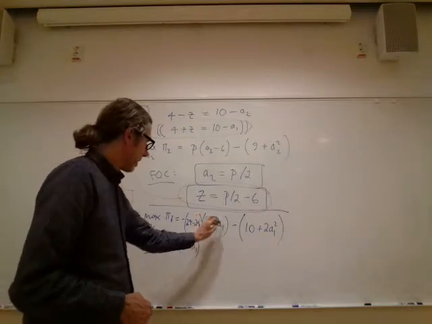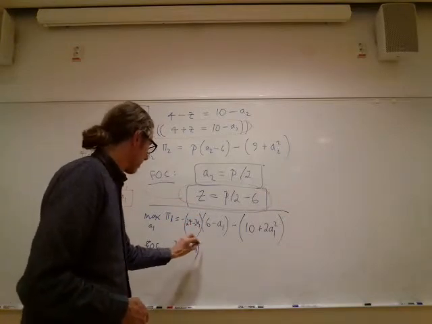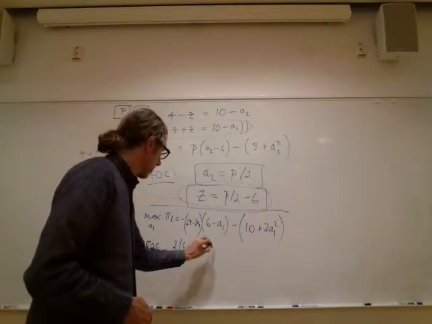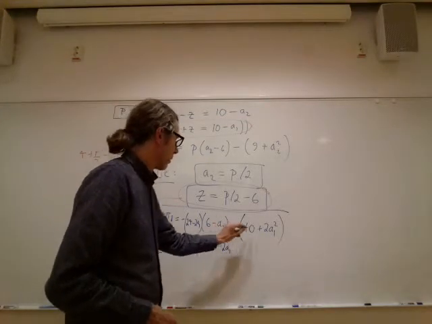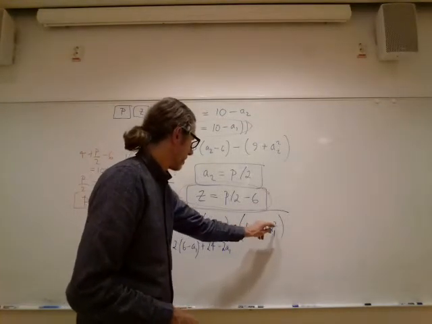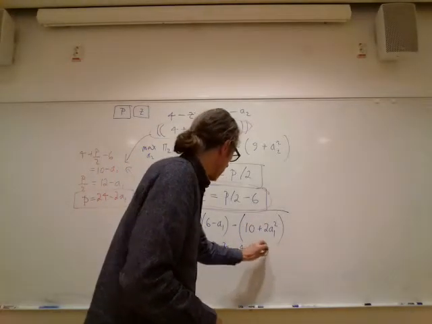If we differentiate this, we get minus 1, minus minus 1 is plus 1, so that's plus 24 minus 2A1, minus 2A1 squared differentiated is minus 4A1, equals 0.